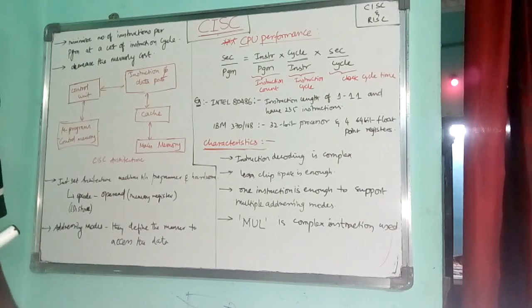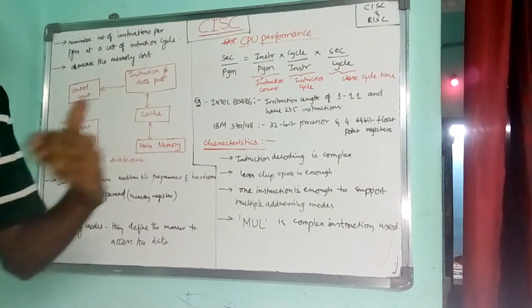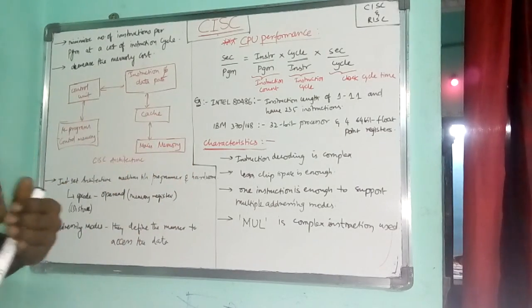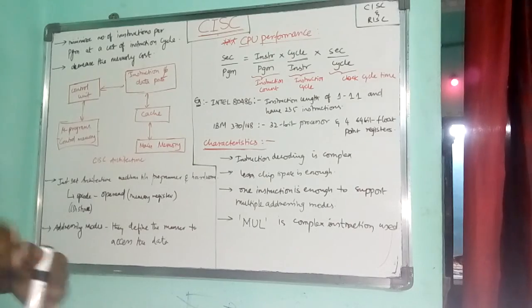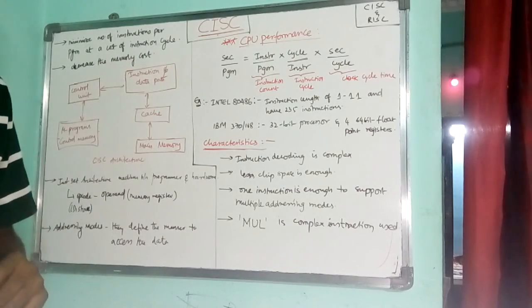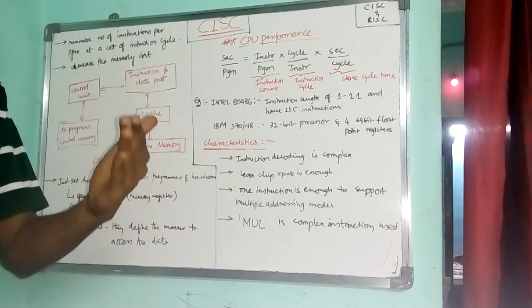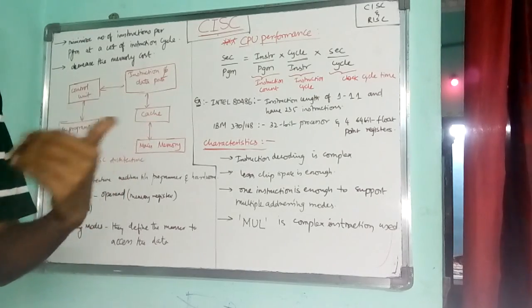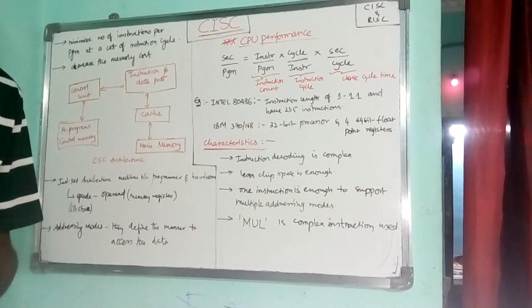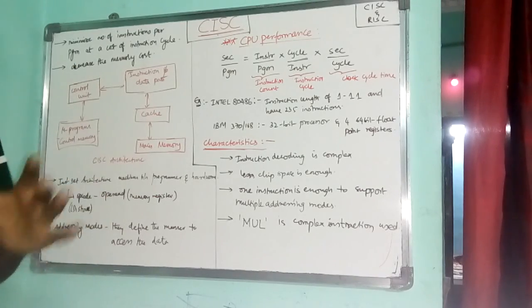That means we may increase the instruction cycle of the program, but we decrease the number of instructions per program. So the time taken for the program might be more or less, but the number of instructions per program should be decreased.